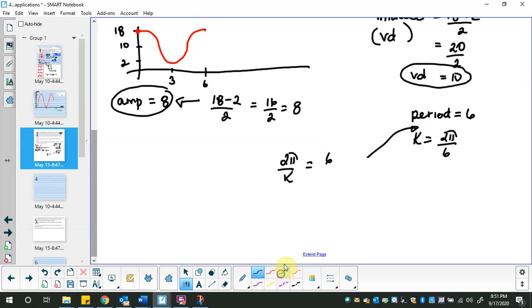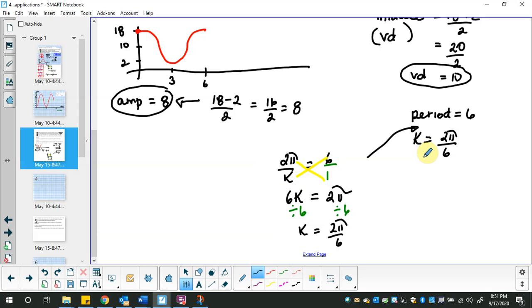We're getting 6 over 1, cross in one direction, cross in the other direction, isolate the K, and get the exact same K value.